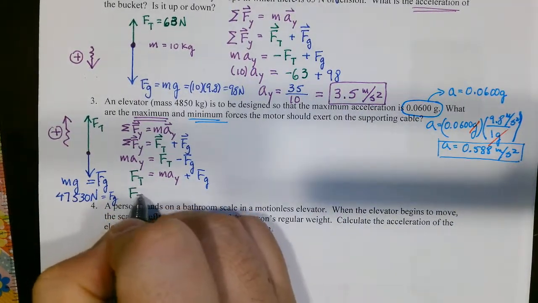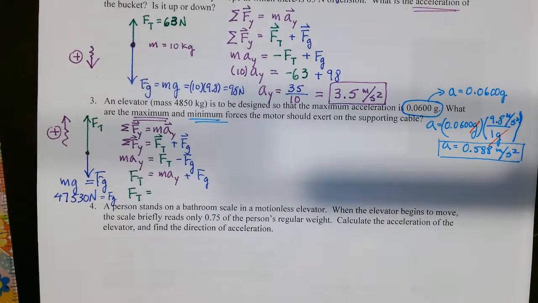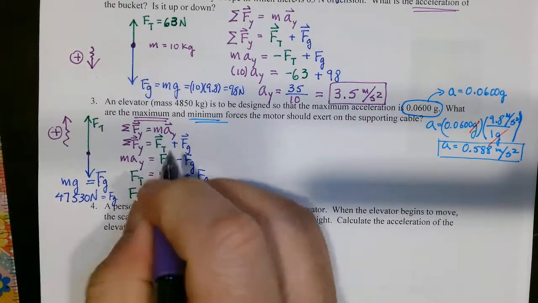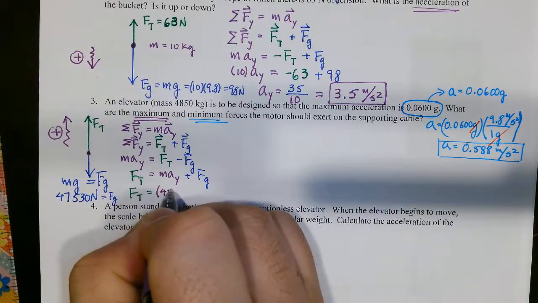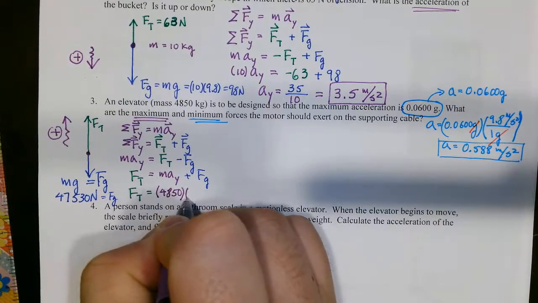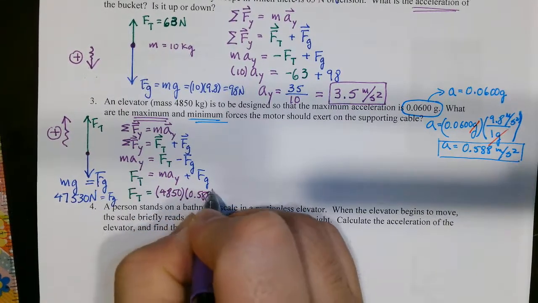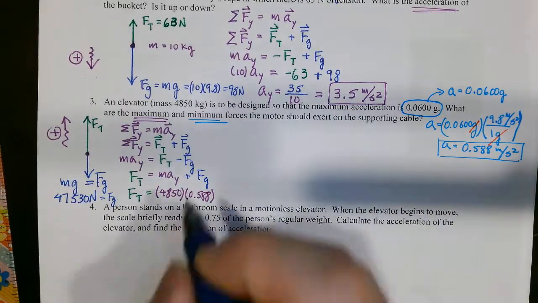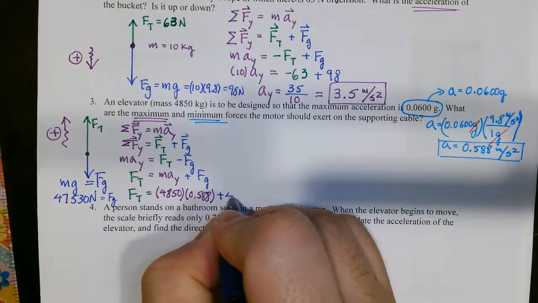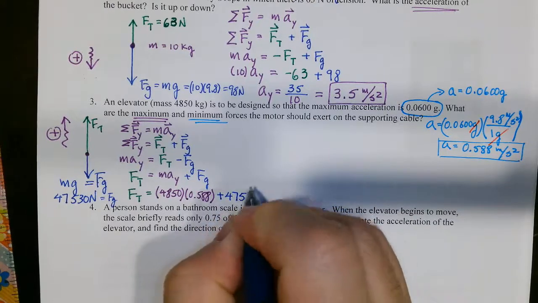So my force tension is equal to mass, which is 4850, times a, 0.588, plus 47,530.